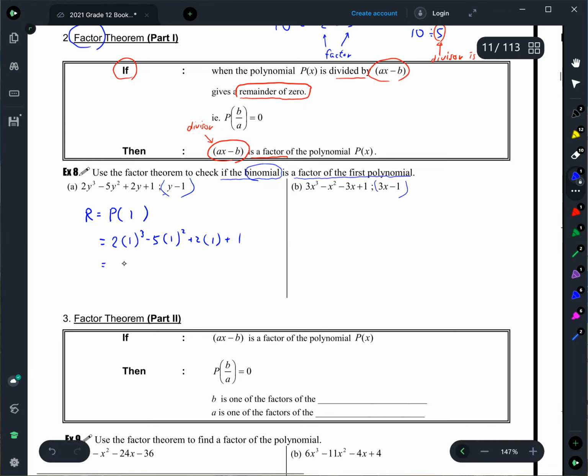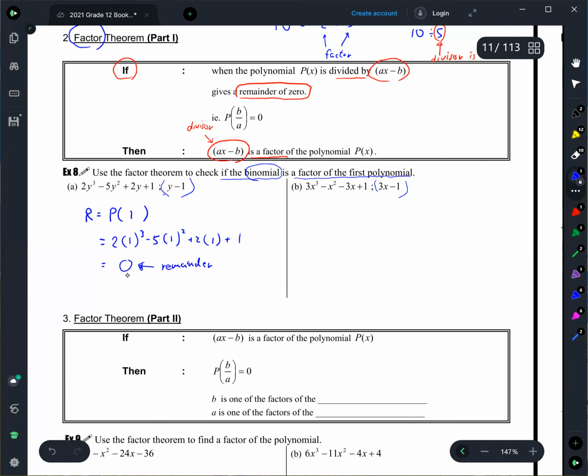Marcus, can you help us find the number here? Like the answer? Yeah. Oh, okay. It's 0. Yes, okay. So we have a remainder. The 0 represents the remainder.